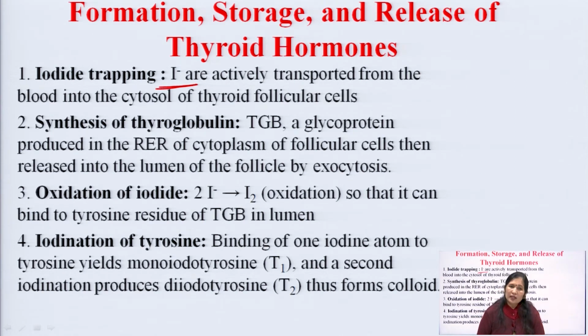Then it is released into the lumen of the follicles by exocytosis. Now, next step, to bind iodine with the tyrosine. Iodine cannot bind in the form of iodide to tyrosine.